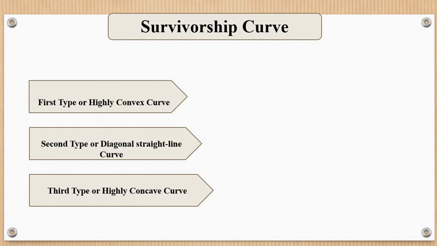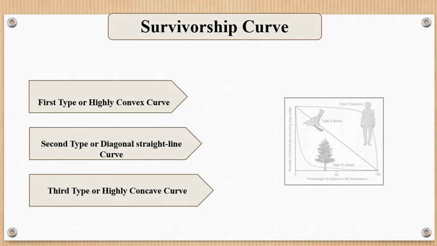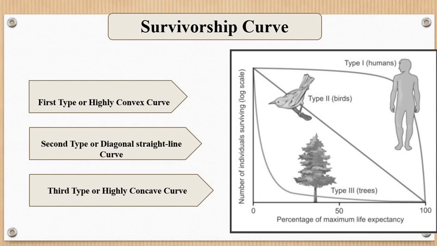Let's see the chart. Here is the diagram explaining the survivorship curve. Here is the first type of survivorship curve, which is highly convex, representing the example of humans.